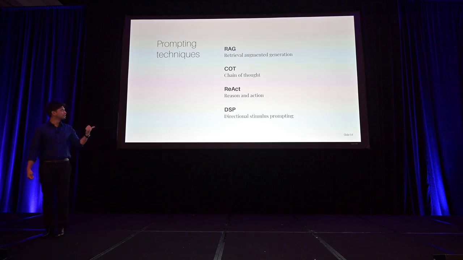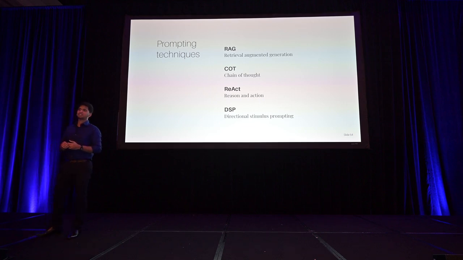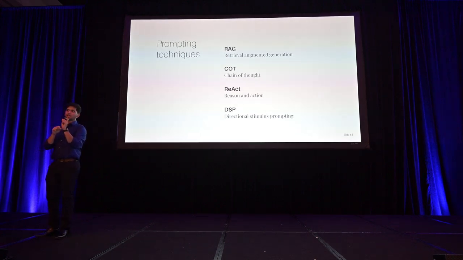Directional stimulus prompting. The DSP prompting is similar to chain of thought prompting, but not as complex as chain of thought prompting. So what it does is, in the example of summarizing a chat transcript, you are not giving any hints on how to summarize it. So if you give a hint, let's say there is a CNN article about some celebrity, so instead of just saying summarize this article for me, I say summarize this article for me, and then I give a word called hint, colon, and then some milestones that, let's say, she got an award, and so on.